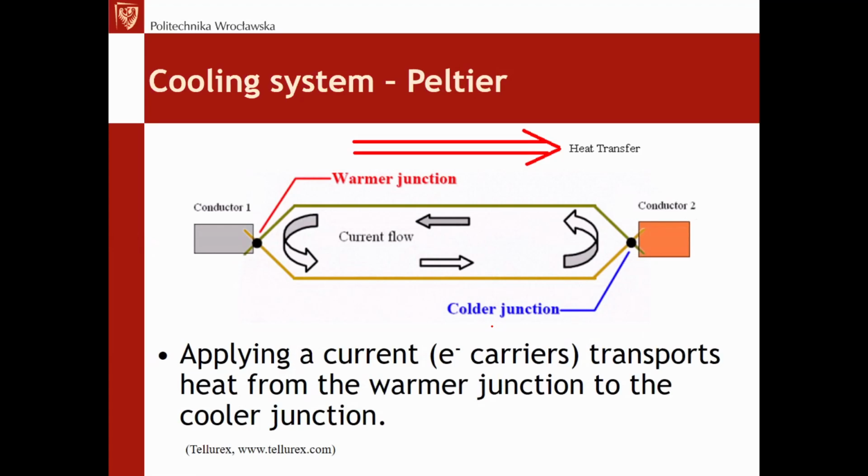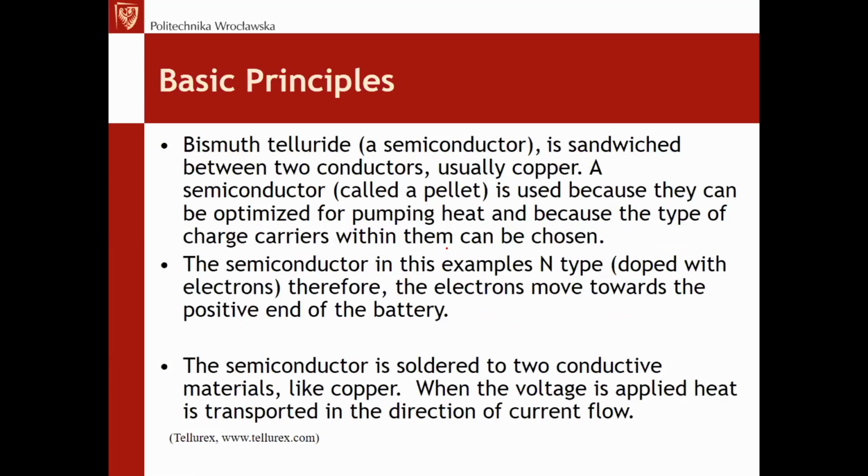So the Peltier element, depending on the current that we apply to it, because we can modify the current flow, and with the modified current flow, the heat is transported in 2 directions. So the direction of the heat transfer may be modified, so it may be left to right or right to left, depending on the current applied.